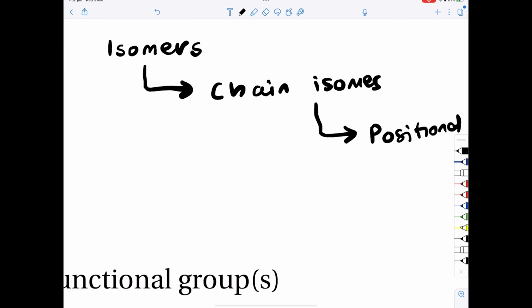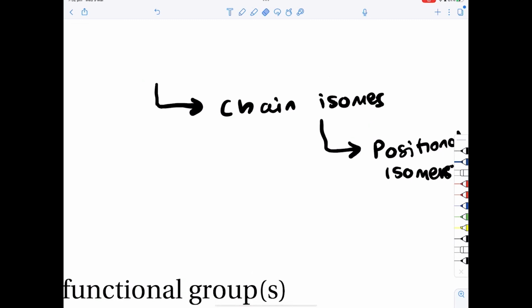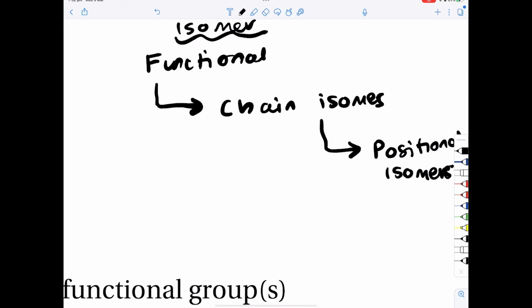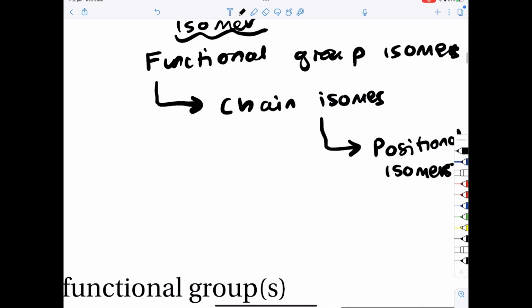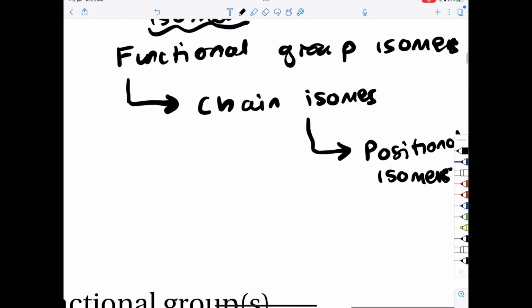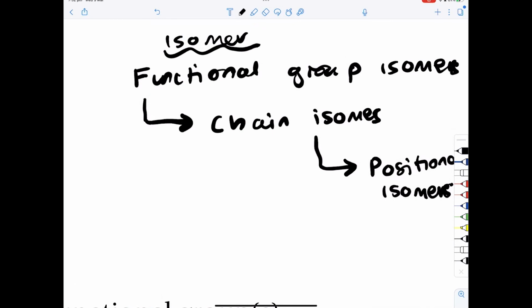And in a whole other category, we have what we call functional group isomers. Now, the reason I've drawn this in this funny way is to show you they're not actually three separate categories, but they're mini categories under a particular category.